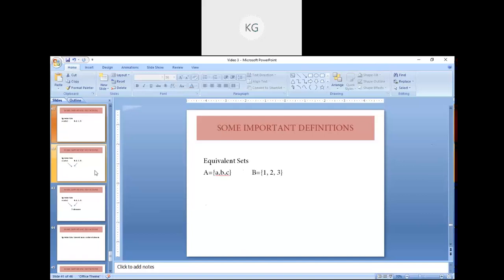So from capital A and capital B, you can say both of them have 3 elements, but the elements are not the same. Okay, but they have 3 elements. So the equivalent set you can define as sets with the same number of elements. If two sets have the same number of elements, then the two sets are known as equivalent sets. So always remember, in equivalent sets, nothing is said about the elements.